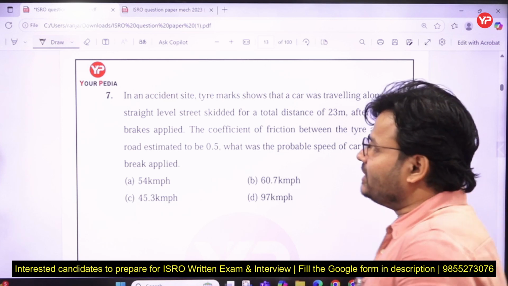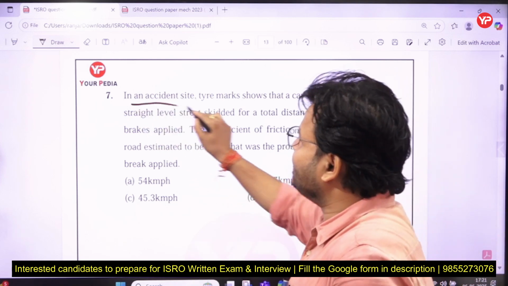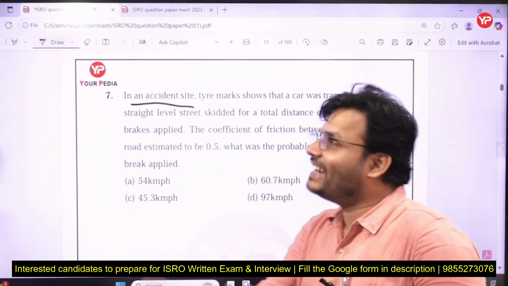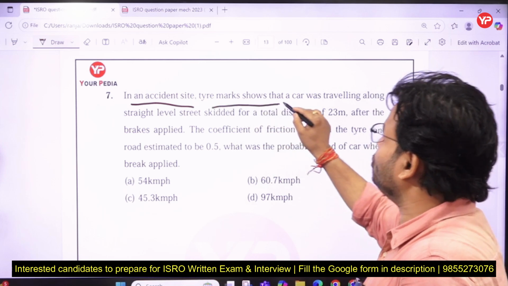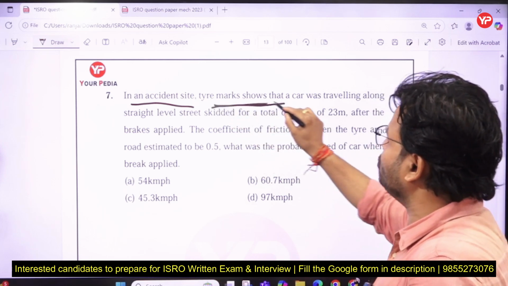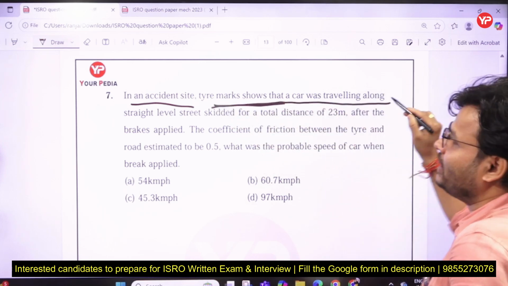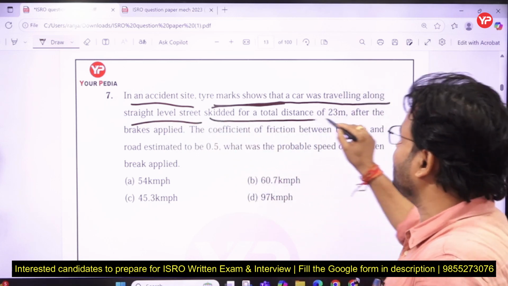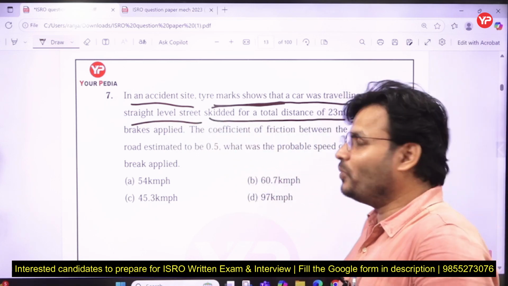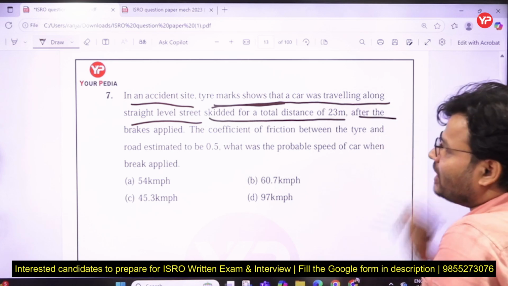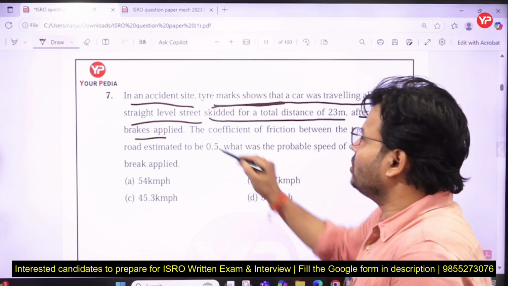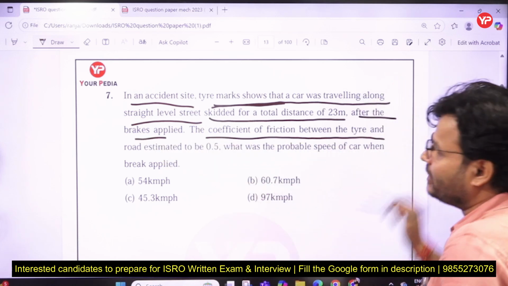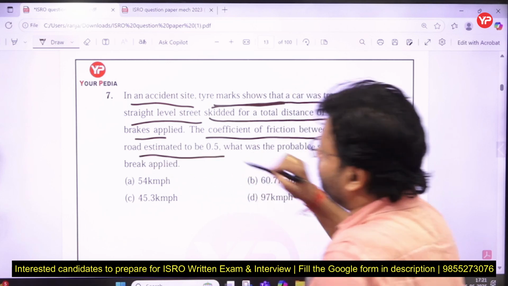See, in an accident site, tire marks show that a car was traveling along a straight level street and skid for a total distance of 23 meter. After the brake applied, the coefficient of friction between the tire and the road is estimated to be 0.5.